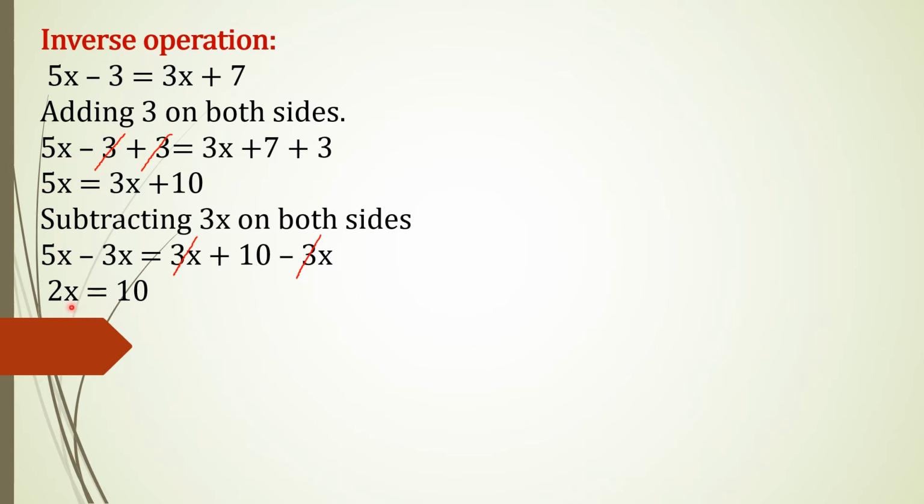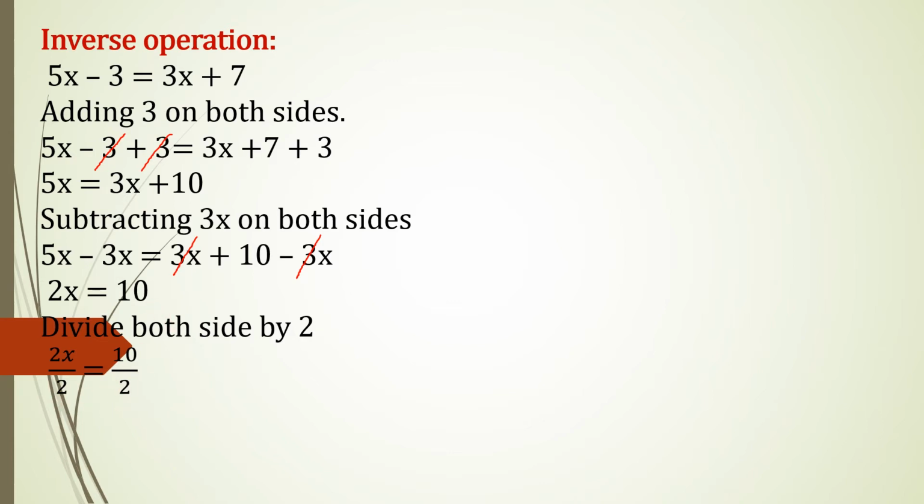Now 2x equals 10. Now I need the value of this variable x, so I need to remove 2 from my left hand side. As it is multiplication, 2 into x, I will carry out the inverse operation, that is division. So I'll divide by 2 on both sides. It will become 2x upon 2 equals 10 upon 2.